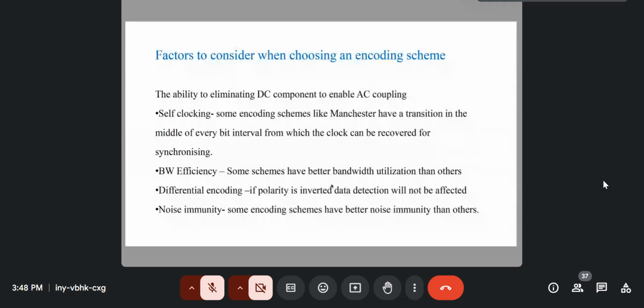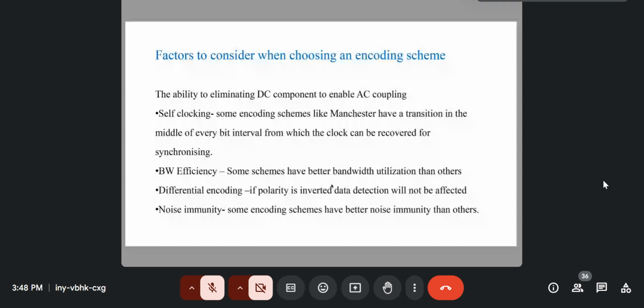Differential encoding. You want a system whereby if the wires are inverted, the data is still recovered. Normally with baseband, we are using wired systems. You are going to find that Manchester is used by Ethernet. Ethernet uses Manchester encoding.